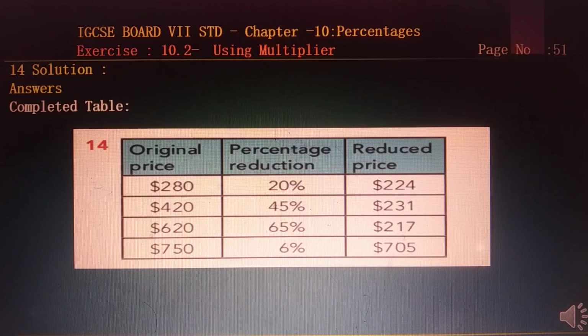Question number 14. Finally, as per the completed table, we mention the final answers. $280 reduced to price $224. The same way $231, and here 65% and 6% also for percentage reduction.